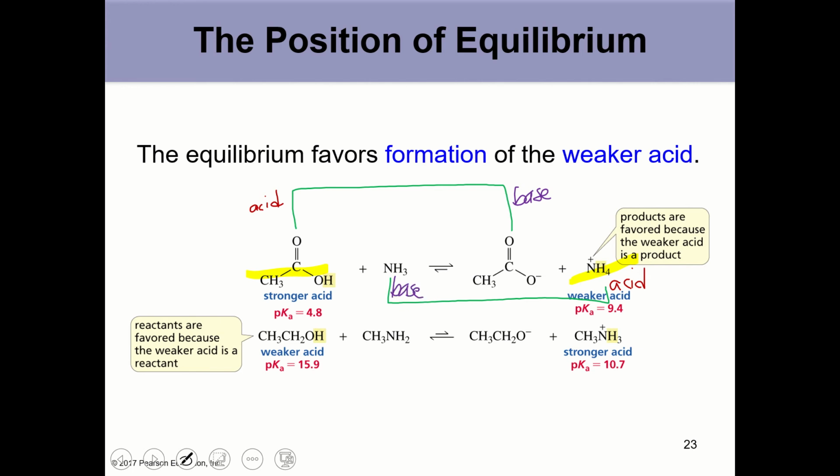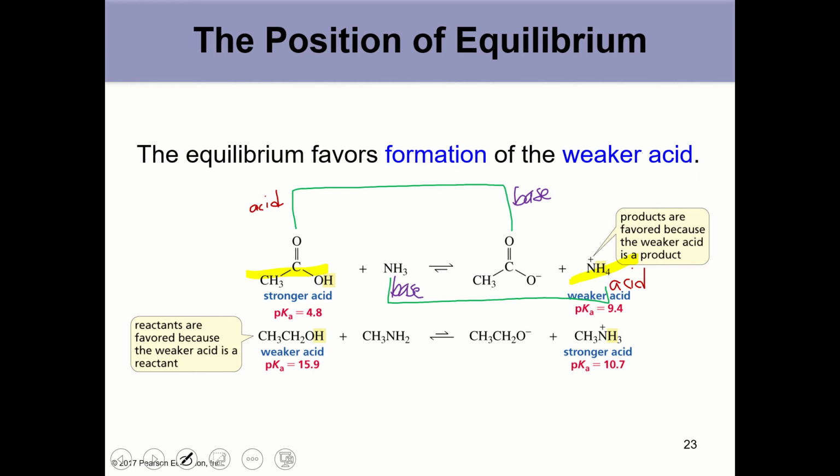Once you know which of the two is the acid in the reactant and which is the acid in the product, then you look up or pull from your memory the pKa, knowing that carboxylic acid has a pKa of about 4 to 5, and a protonated amine, like ammonium ion, has a pKa of about 10 to 11.